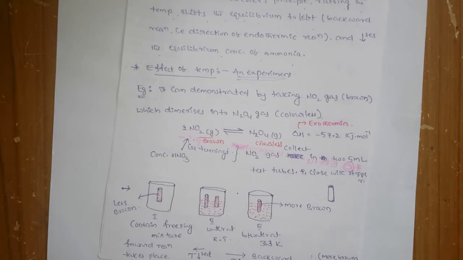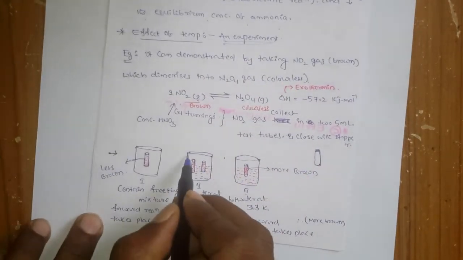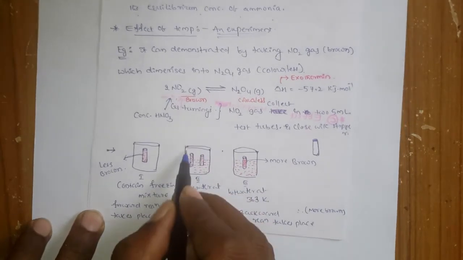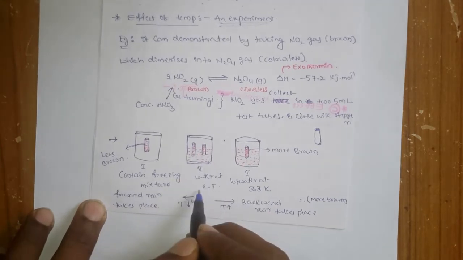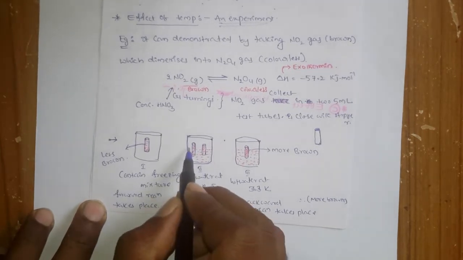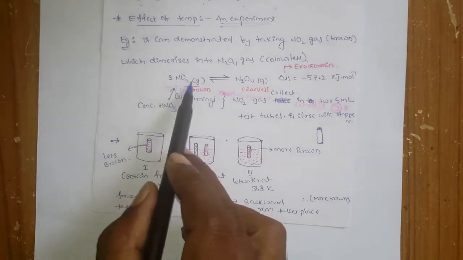Colorless N2O4. Okay, so here what he has done is that first he has taken a beaker, and in that he has taken some water at room temperature, and in that he kept 2 test tubes with nitrogen dioxide.